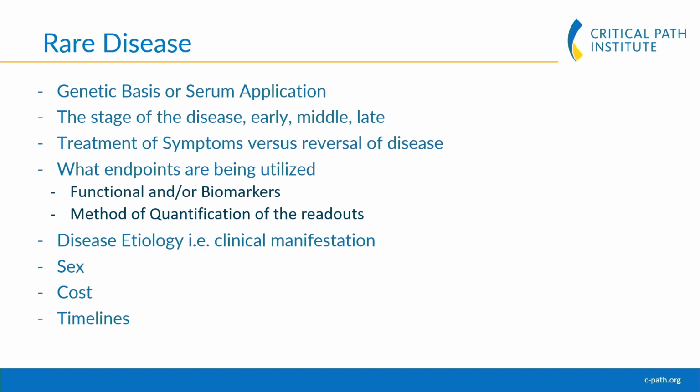So we also figured that the best thing to do for the community is to identify the different parameters that would be needed to generate COUs for rare diseases: genetic basis or serum application, stages of disease (early, middle, or late), treatment of symptoms versus disease reversal, what endpoints are being utilized, either functional and/or biomarkers, and how to quantify these biomarkers, disease etiology, clinical manifestation, sex, cost, and timelines.